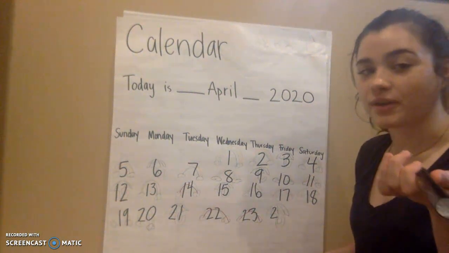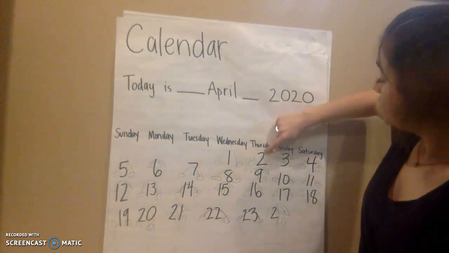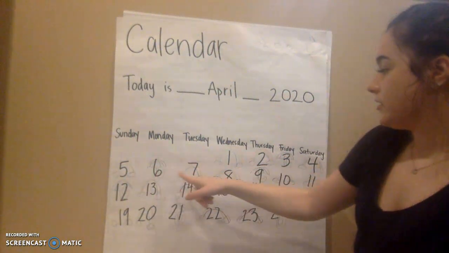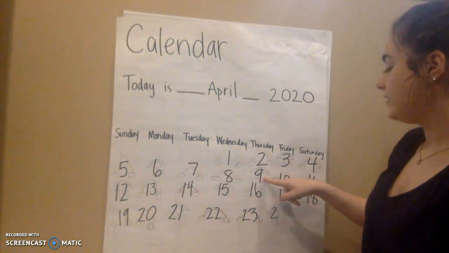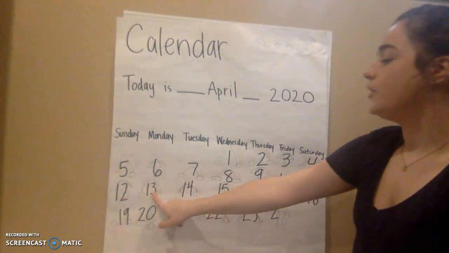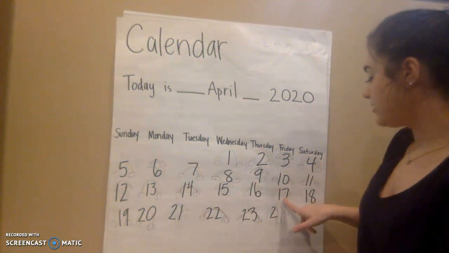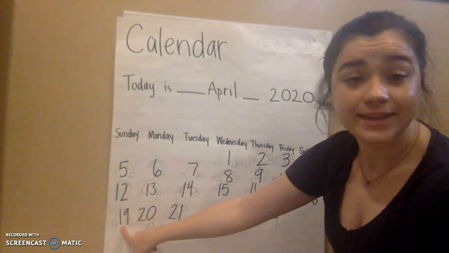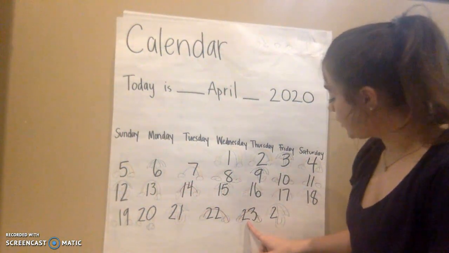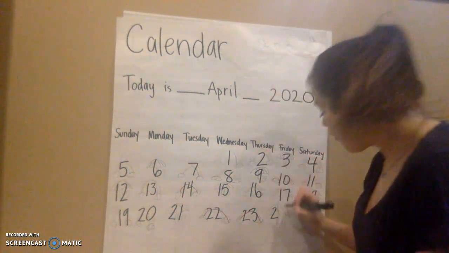I think I hear some correct answers, but let's count it out and see what number we get. 1, 2, 3, 4, 5, 6, 7, 8, 9, 10, 11, 12, 13, 14, 15, 16, 17, 18, 19, 20, 21, 22, 23, 24.